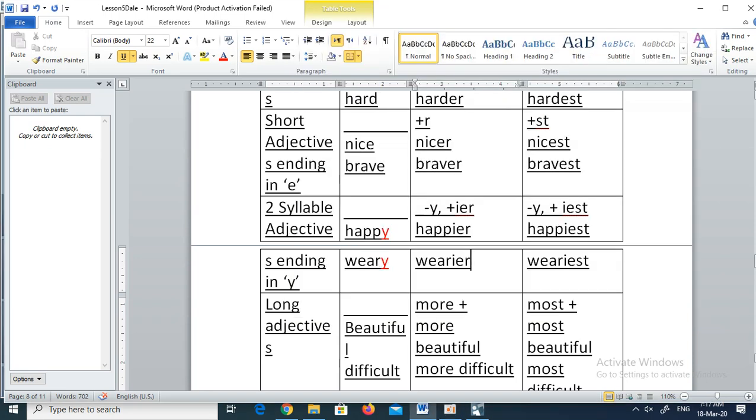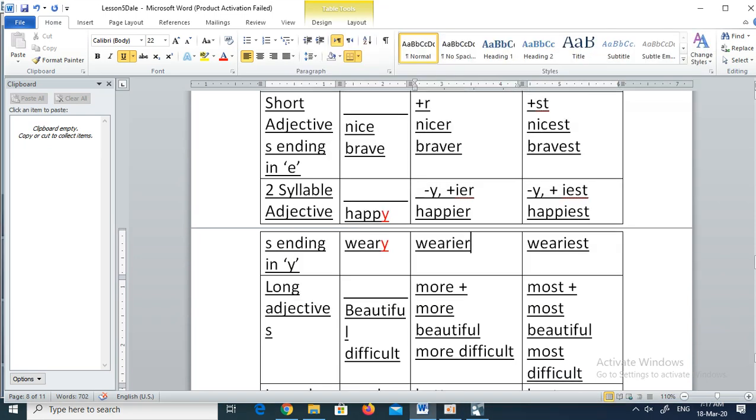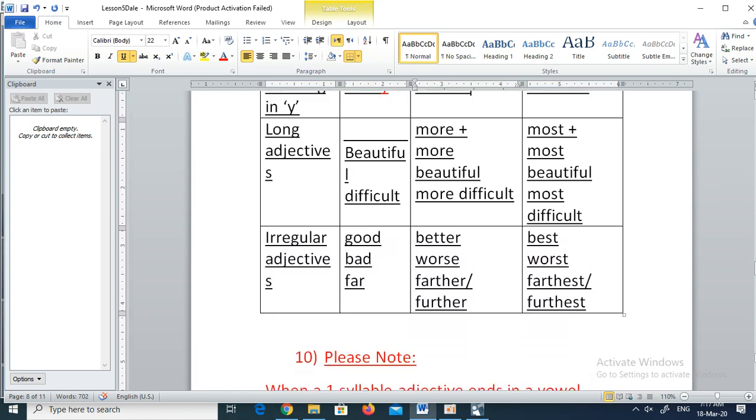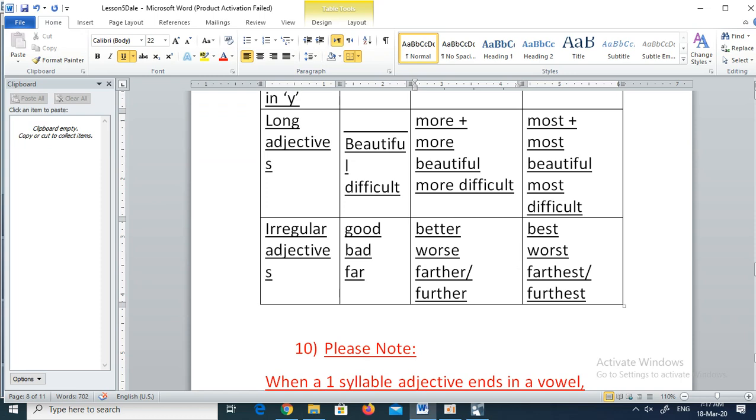Okay, the next group we have to study is the long adjectives like beautiful or difficult or courageous.